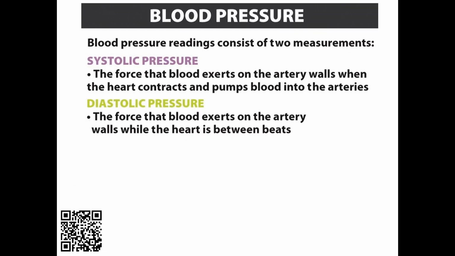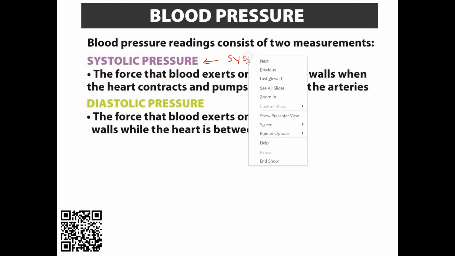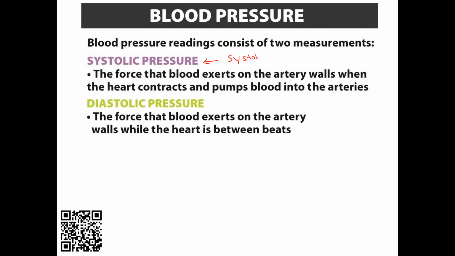So now onto blood pressure. Systolic blood pressure. This is looking at blood pressure during systole. That's when the heart is contracting, when it's squeezing. So naturally, that's going to be the higher of the two blood pressure numbers, when the heart is actually squeezing or pumping blood.